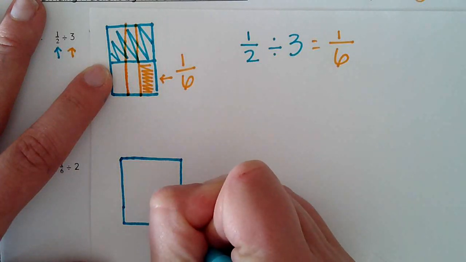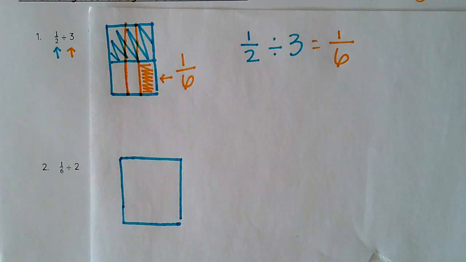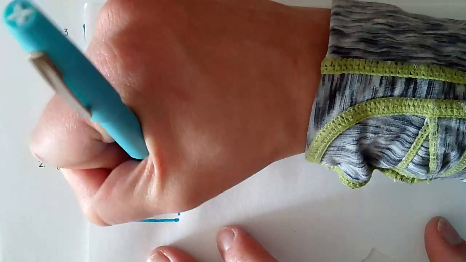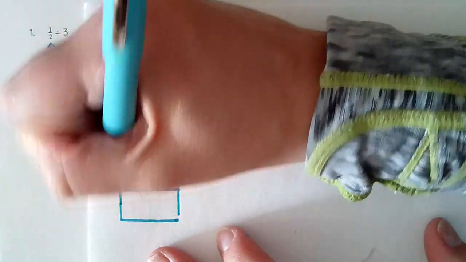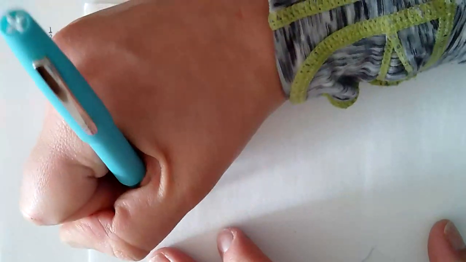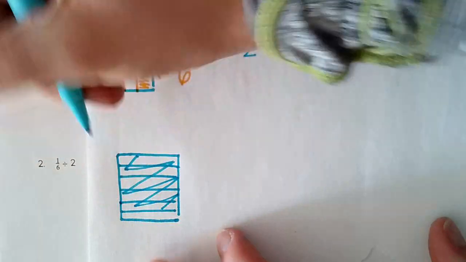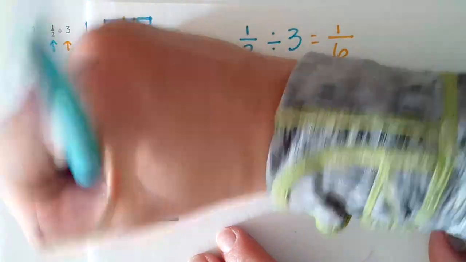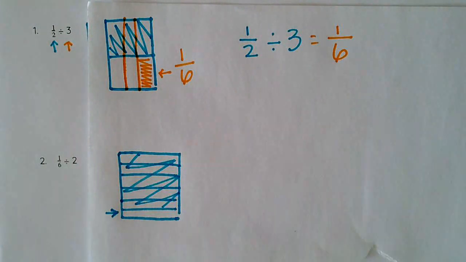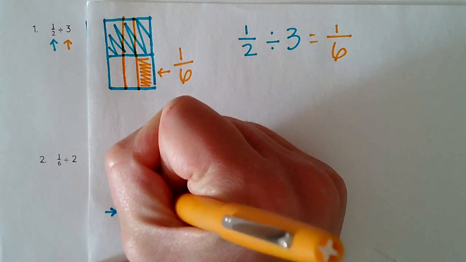I've got 1/6. This time, let's talk about pizza. I got a rectangular pizza, and I've got 6 parts. 5 of those parts are already gone. I only have that 1 out of 6 parts. And that 1 part is being divided into 2.